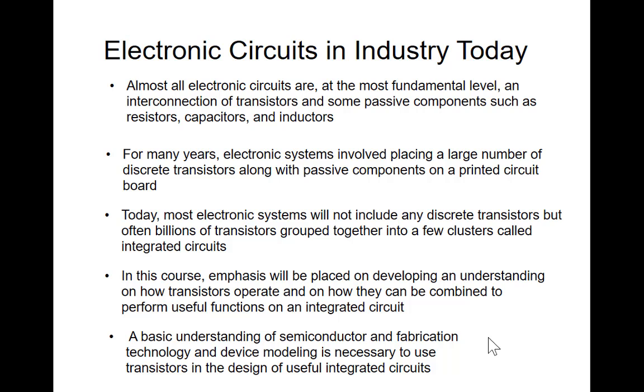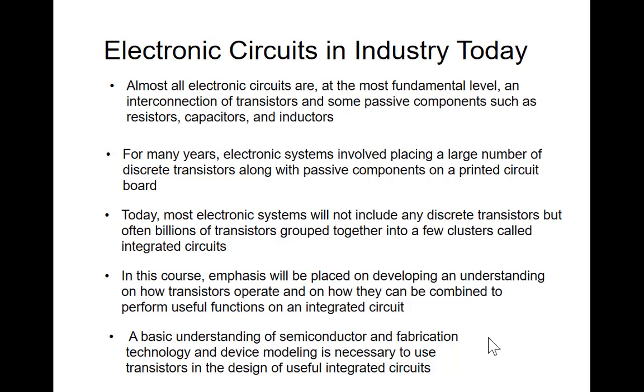In this course, emphasis is going to be placed on developing an understanding of how the transistors operate and how they can be connected together to perform useful functions and to form integrated circuits. In the past, we talked about transistors as a key building block, and we didn't worry too much about where they came from. We said, here's a device with these characteristics.